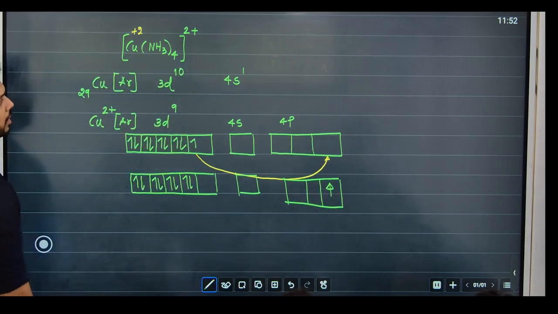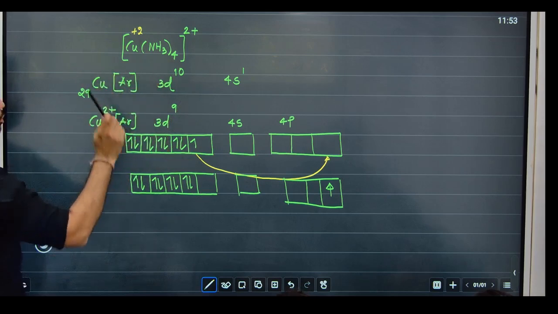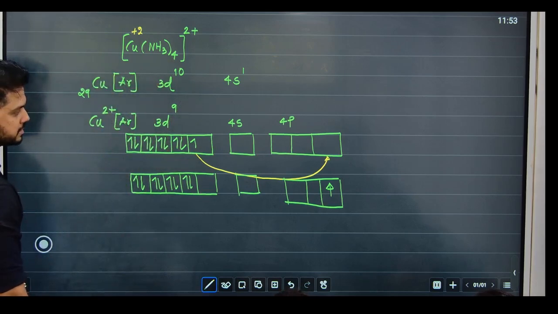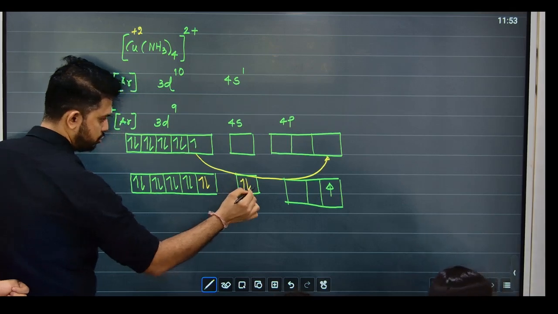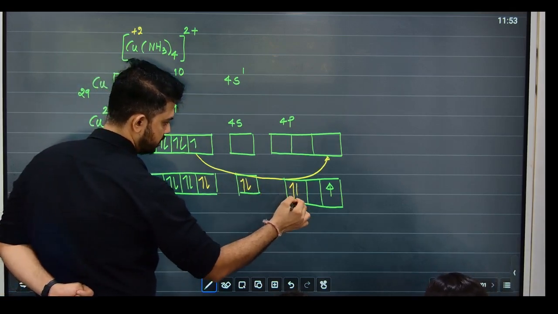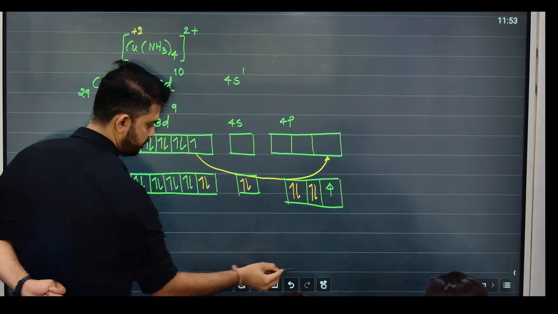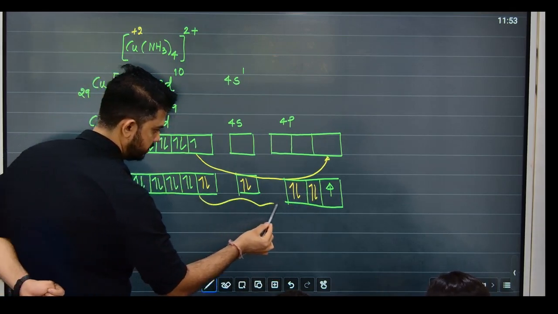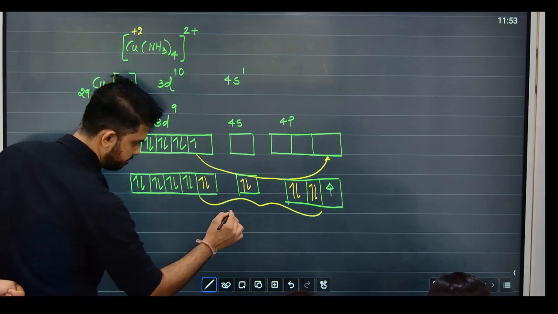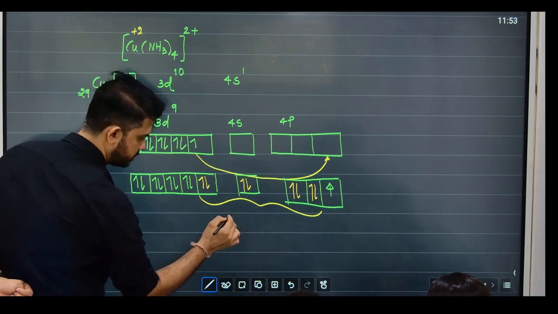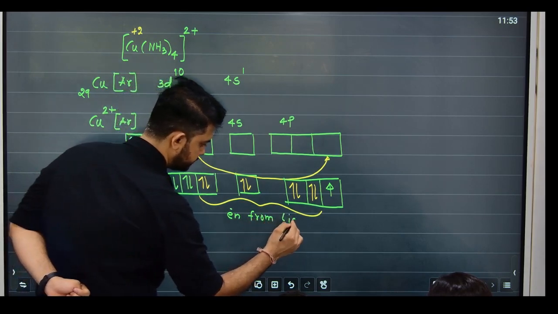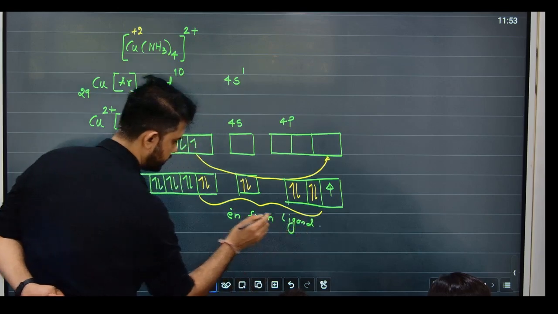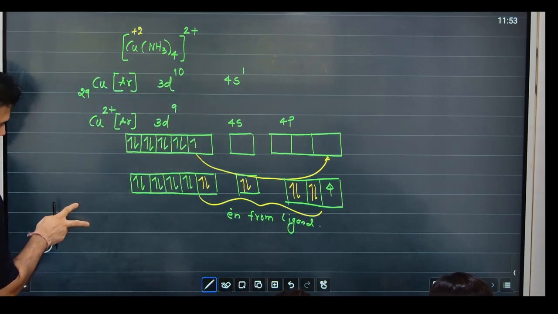ठीक है, and now we have to accommodate 4 lone pairs by which ligand? NH3. So 1, 2, 3 and 4. What will you write here? Electrons from ligands. Quickly give me the hybridization.